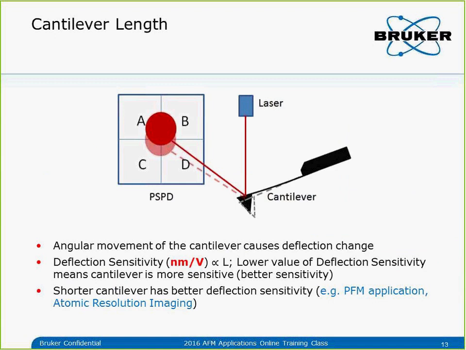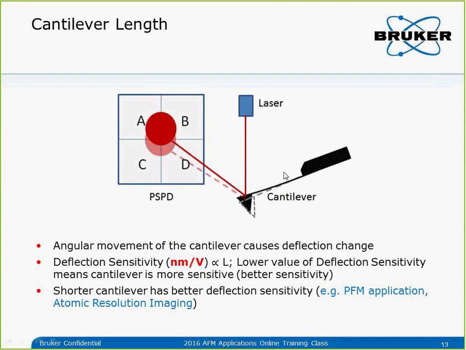So next, let's talk about the cantilever. The first thing I want to talk about is the cantilever length, right? Sometimes the cantilever length is important to get the best results for our applications. It's because the cantilever length is directly related to the cantilever sensitivity, the deflection sensitivity.